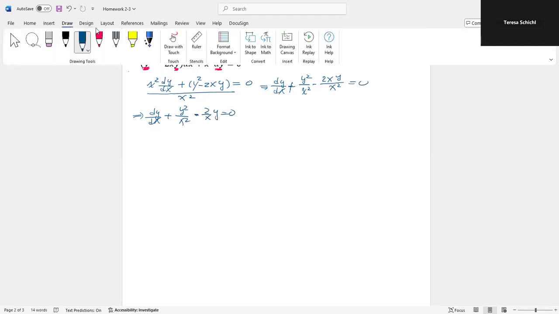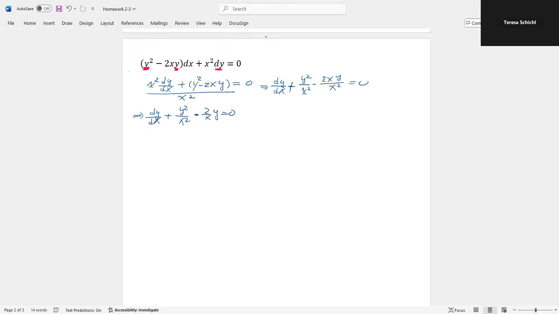Just to remind us what the Bernoulli equation looks like, it is something like this: dy/dx plus p(x)y equals q(x)y to the n.